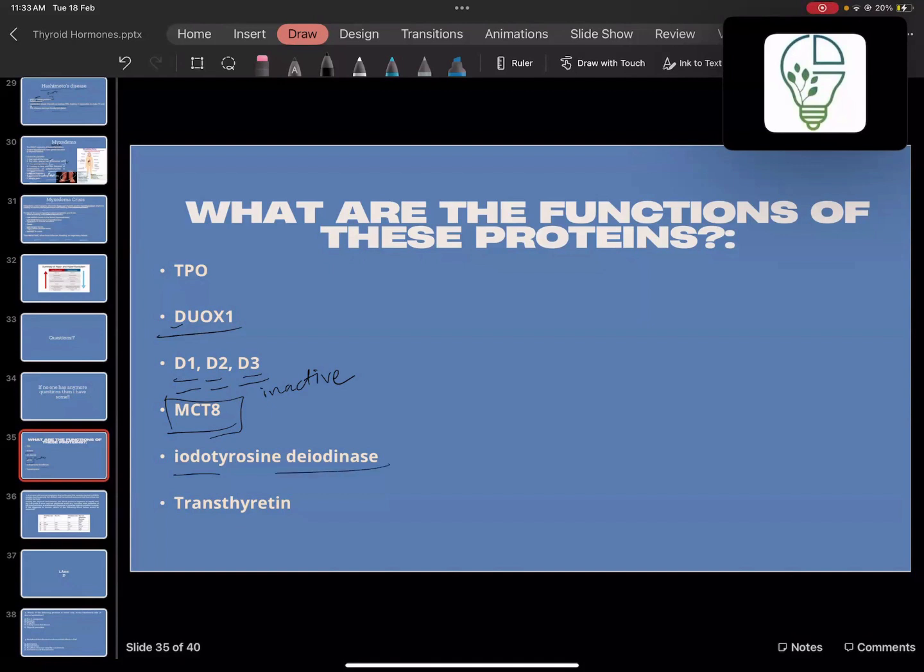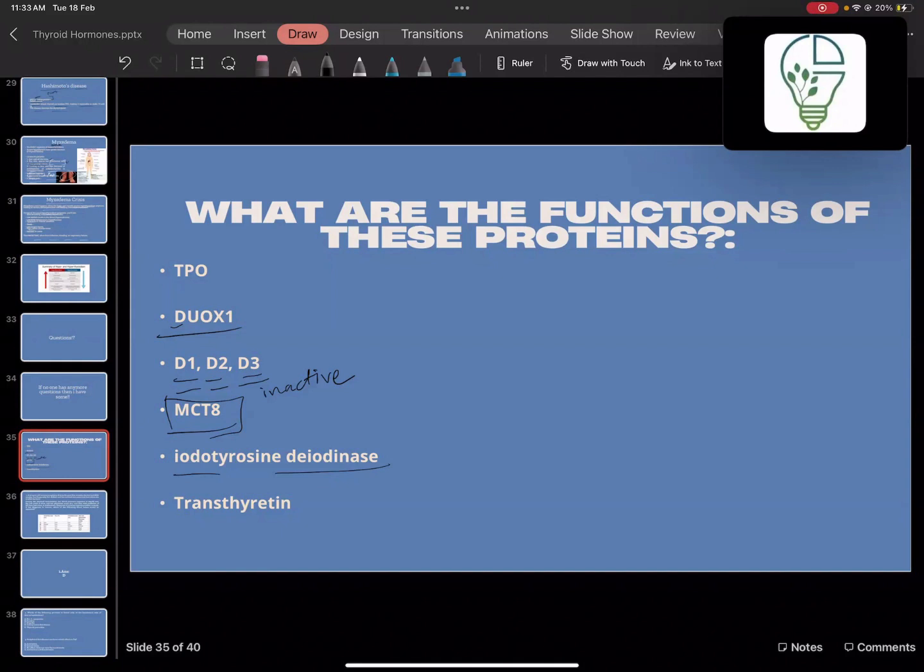Iodotyrosine dehydrogenase is like D1, D2, D3.